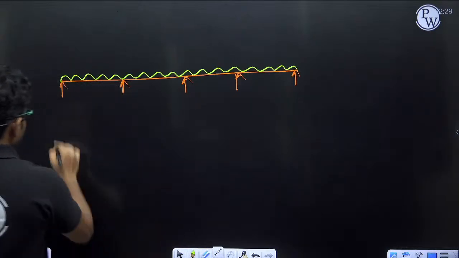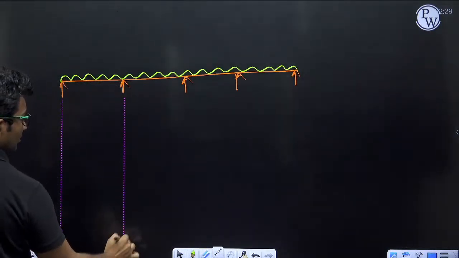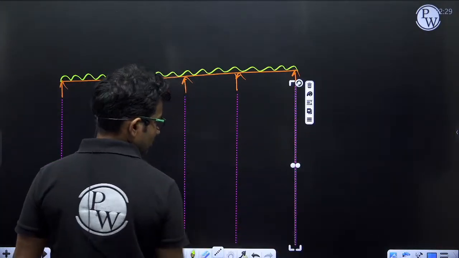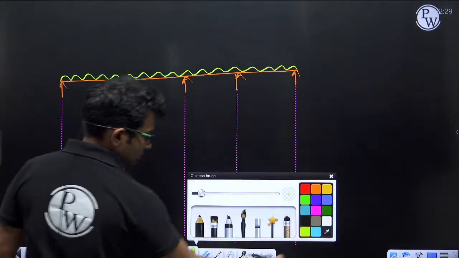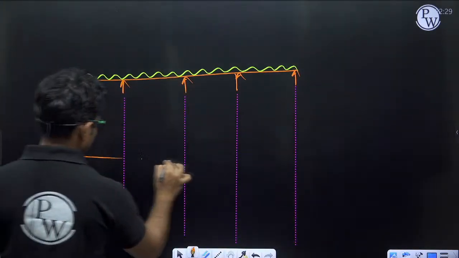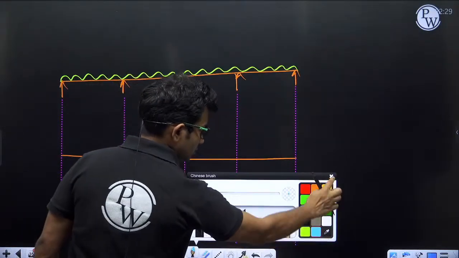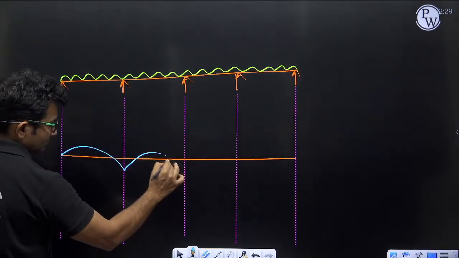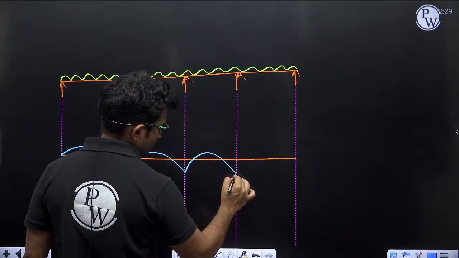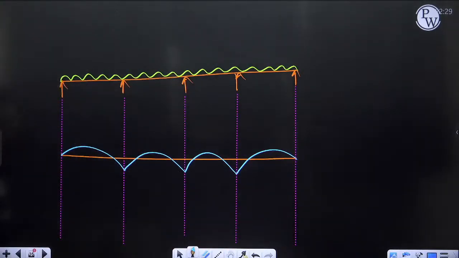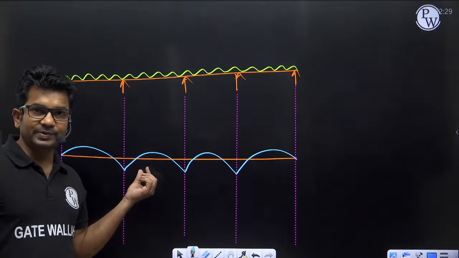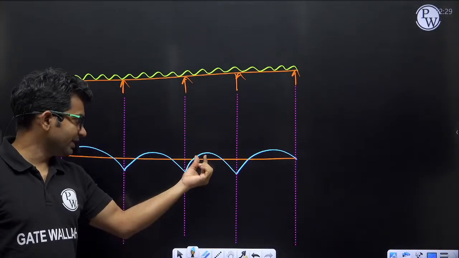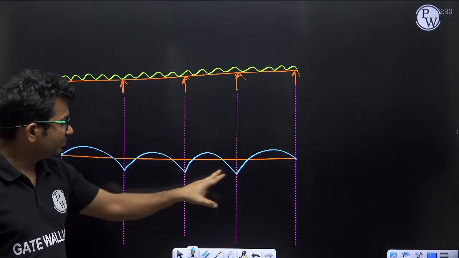The bending moment diagram will be like this. Near the middle of the spans we get positive bending moment, and at the supports we get negative bending moment.